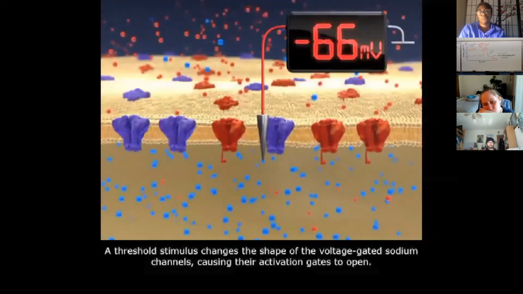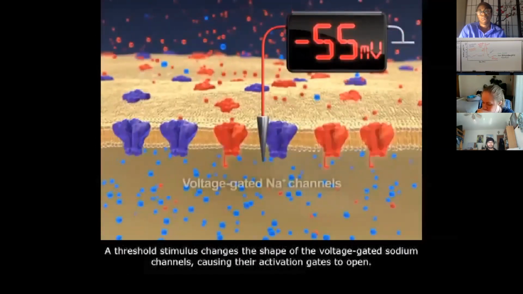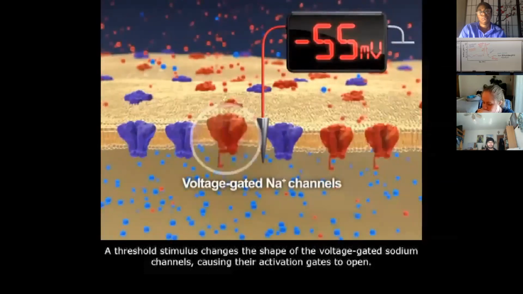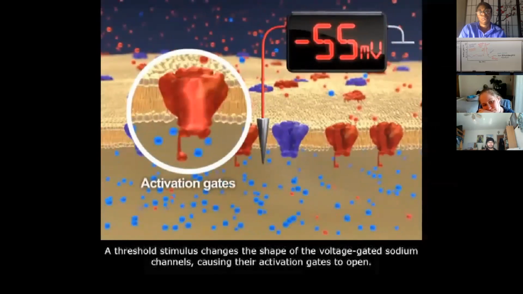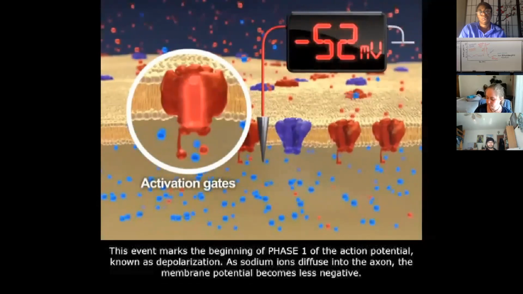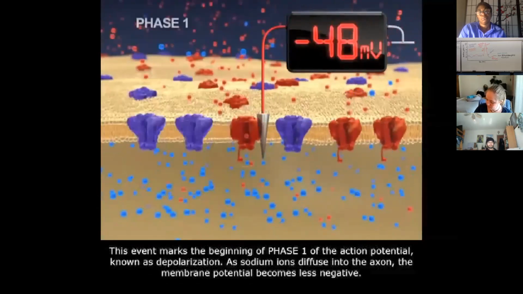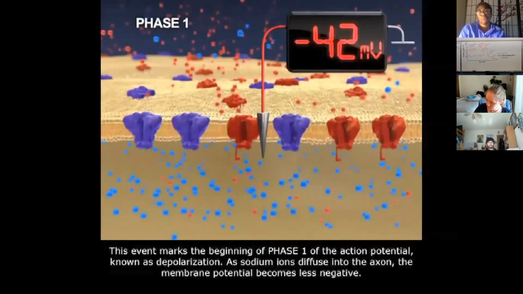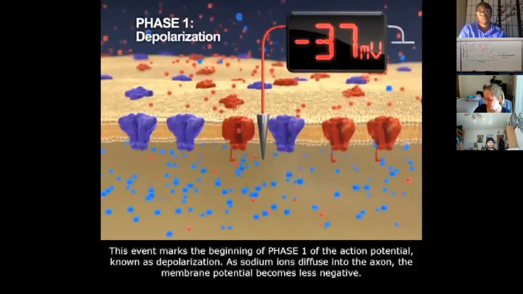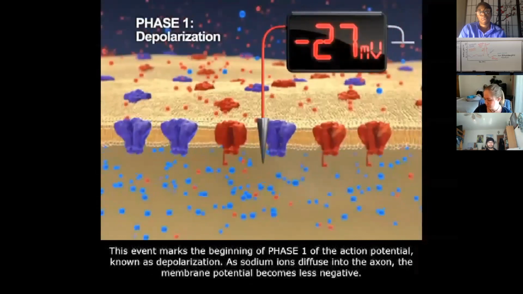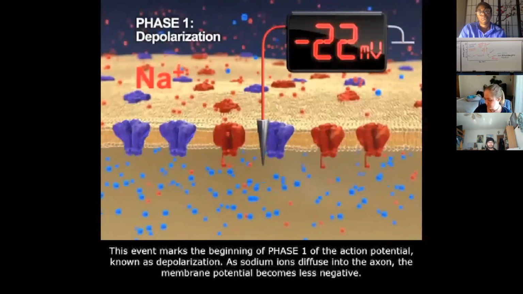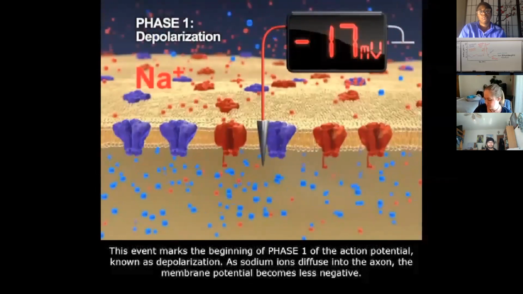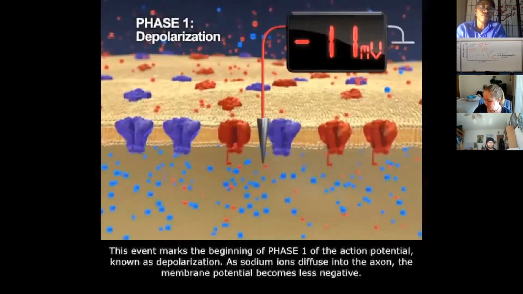A threshold stimulus changes the shape of the voltage-gated channels, causing their activation gates to open. This event marks the beginning of phase 1 of the action potential, known as depolarization. As sodium ions diffuse into the axon, the membrane potential becomes less negative.